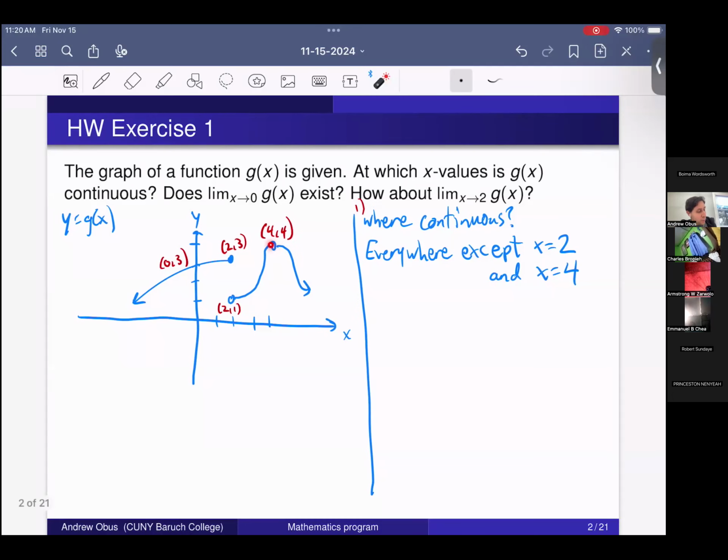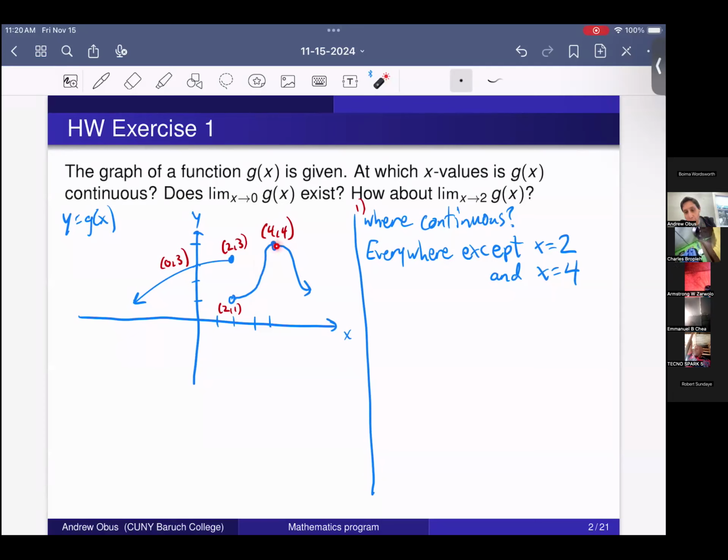And then at x equals 4, you have what's called a removable discontinuity, which means that the limits from the left and the right are both 4, right? In both cases, this graph is going toward the point (4, 4), but the actual function is not defined at 4.